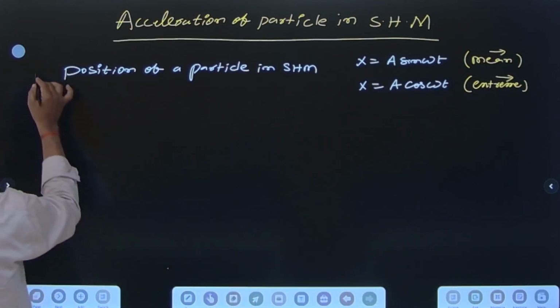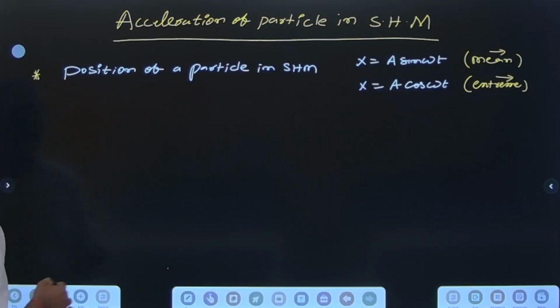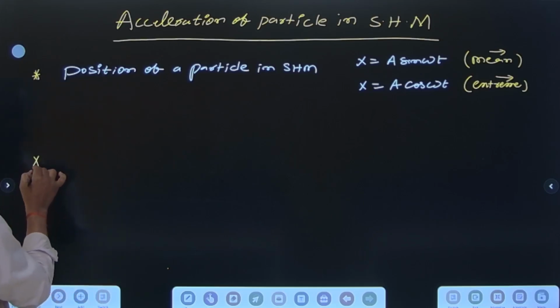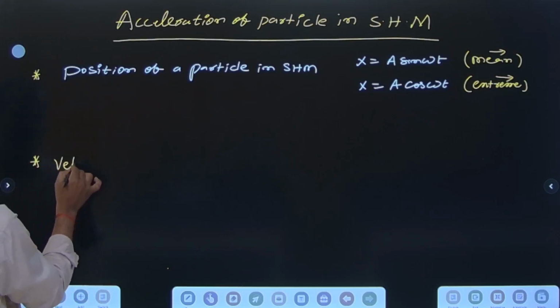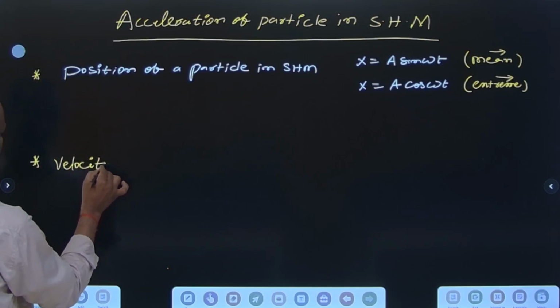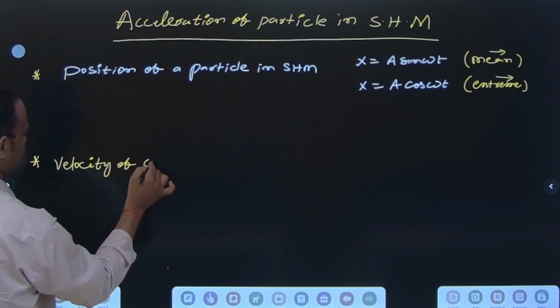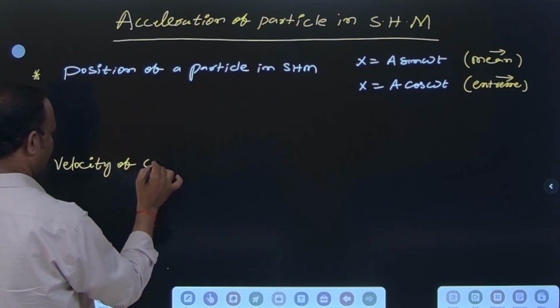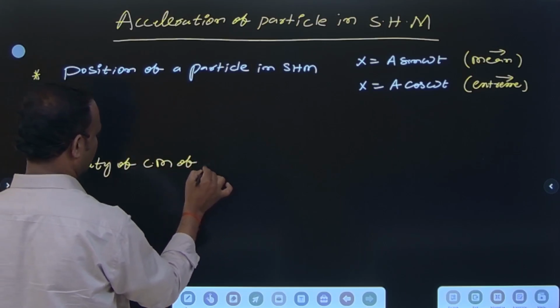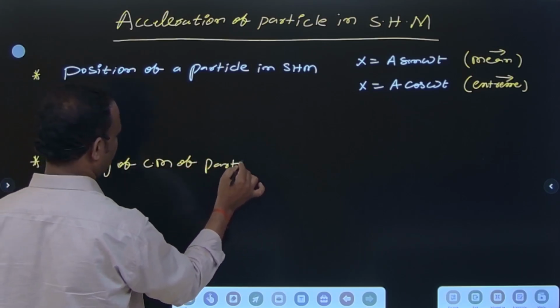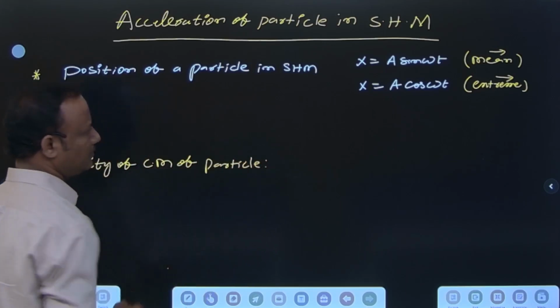This is the first one. And next, the velocity of a particle in SHM.